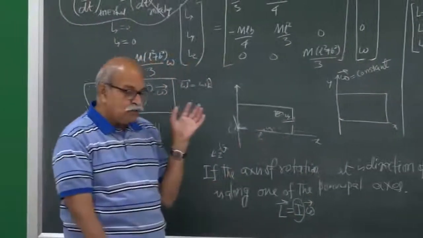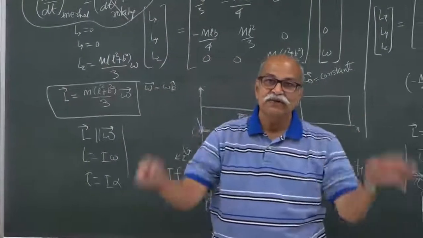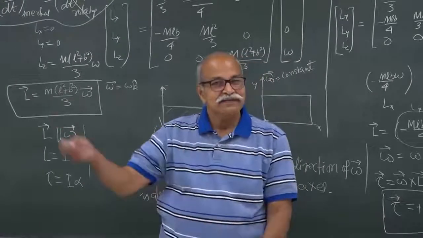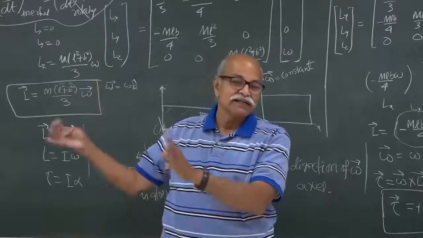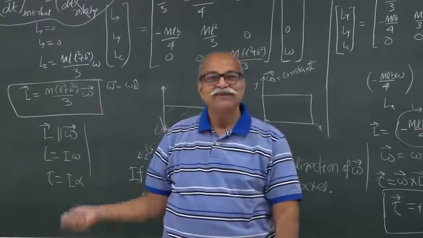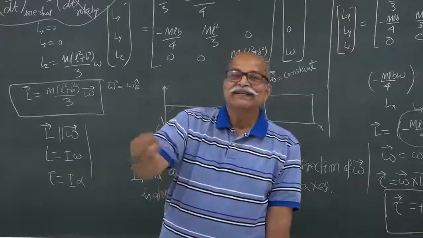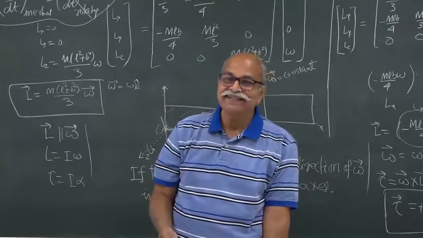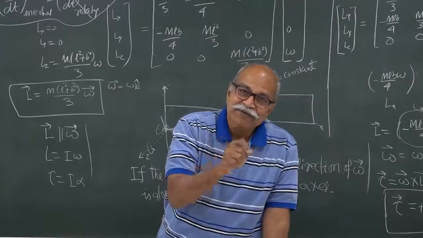Now, how do we find the principal axes of any rigid body, given the origin? There are standard mathematical procedures. You have to solve certain equations, and those equations will definitely give you the 3 principal directions, or principal axes, going through that particular origin.